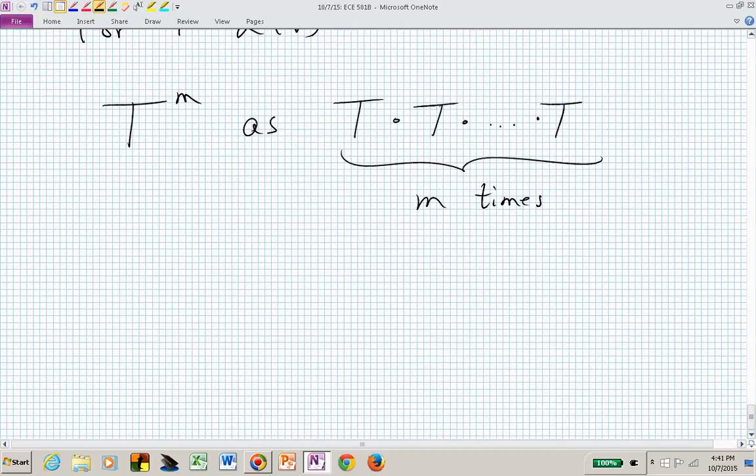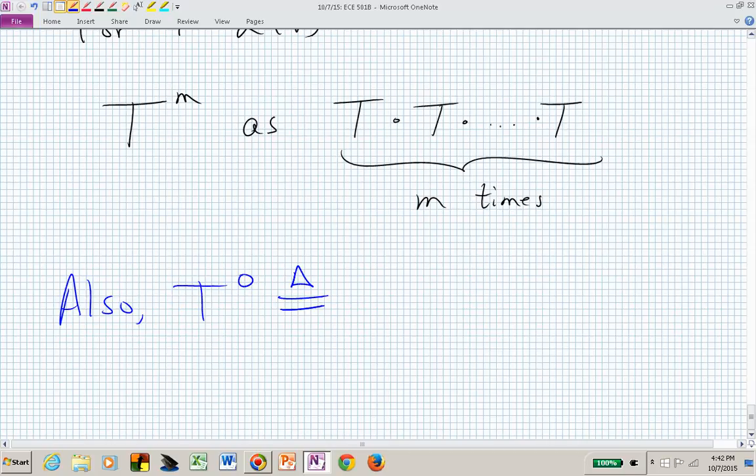And just to make sure our notation is clean, if somebody gives you the linear map raised to the 0th power, we will define that. What if I gave you the number 5 raised to the 0th power? What is that? 5 to the 0 is 1.